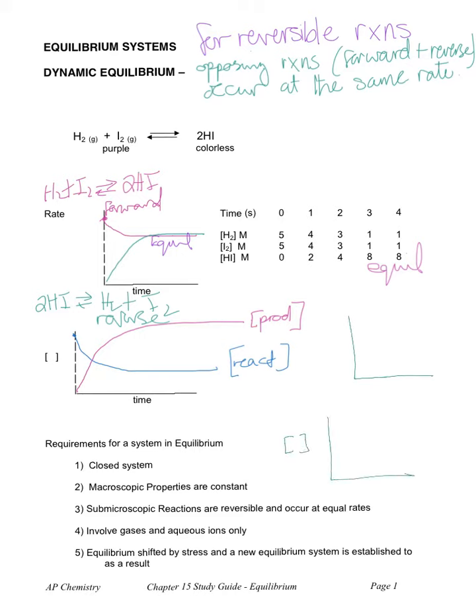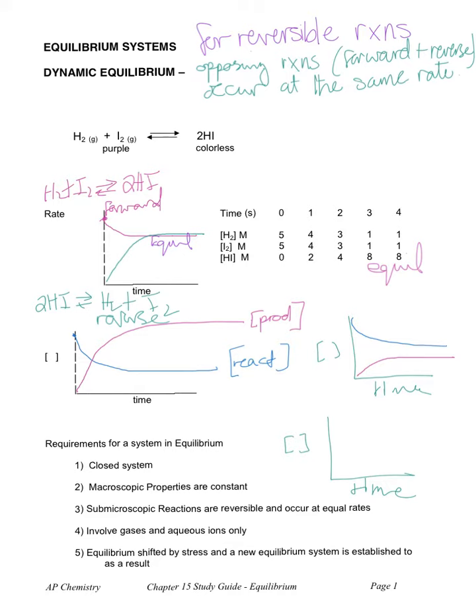There's concentration. There's time. So sometimes you will see that your reactants will always start pretty high and then they decrease. Your products always start pretty low and then they increase and then remain steady. This is also possible.